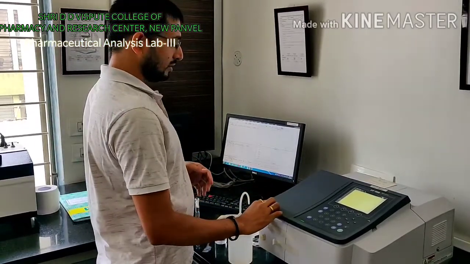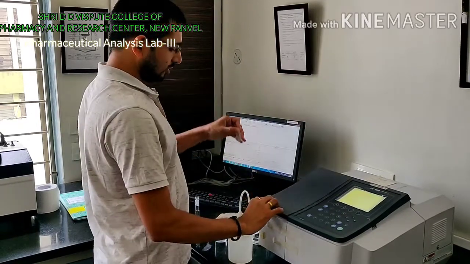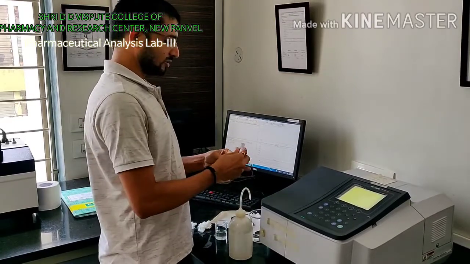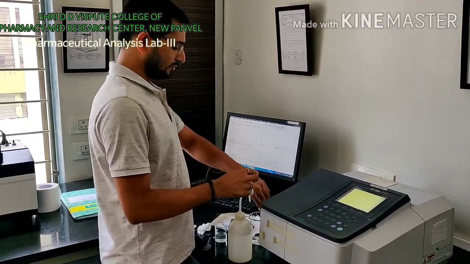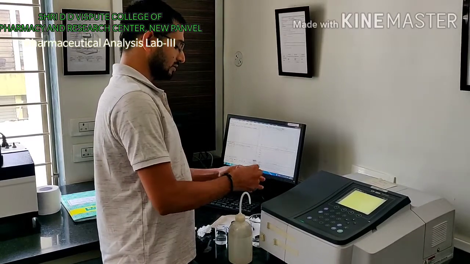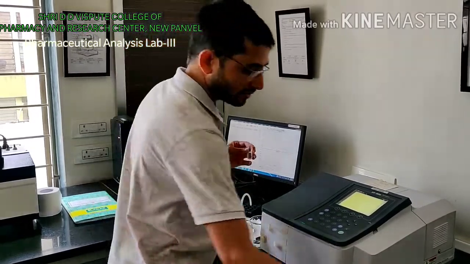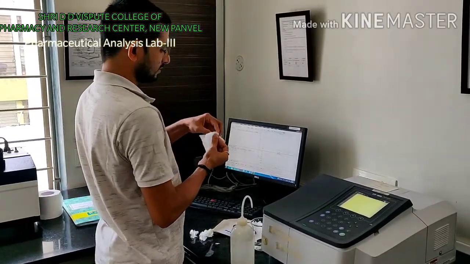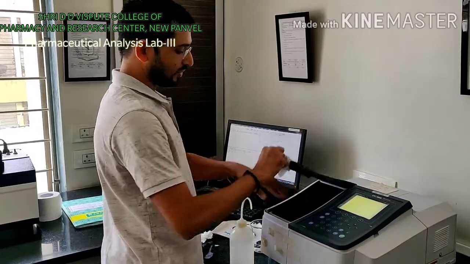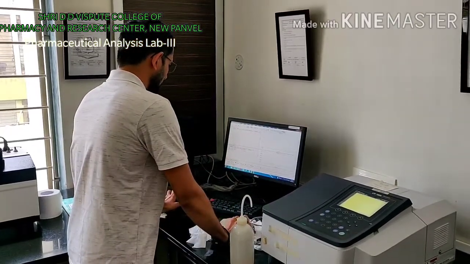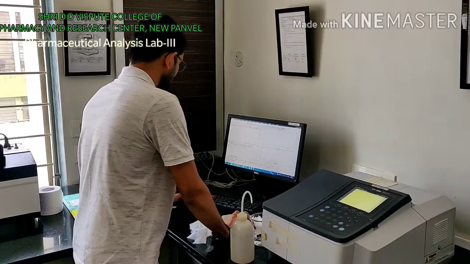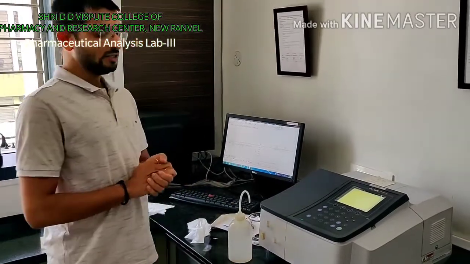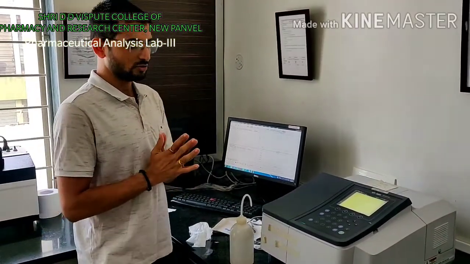After auto zero, remove your sample cell only, wash again, then fill with your solution C, diluted with your phosphate buffer, and measure the absorbance of solution C. In this way, measure the absorbance of all three solutions.